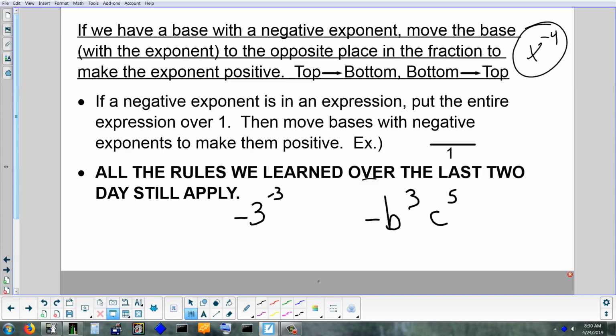So just be careful. I see some people get slipped up with that. If you have a negative base, that's going to stay negative. The only thing you can make positive by changing its location is the exponent. We'll give you something like that, with a negative base and a negative exponent. And whether you did that problem like this or like this, we have to be careful.